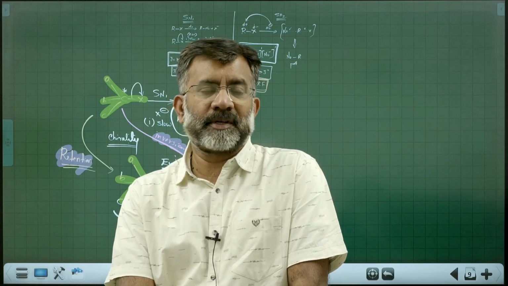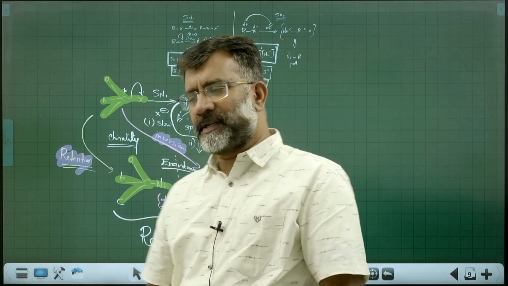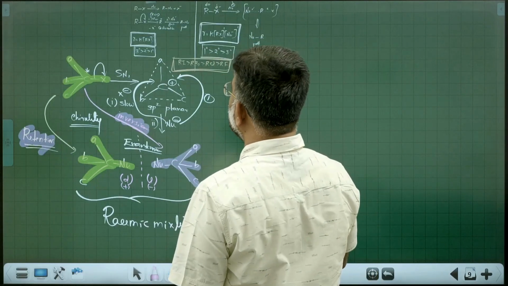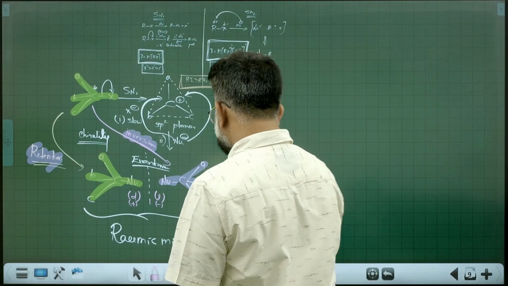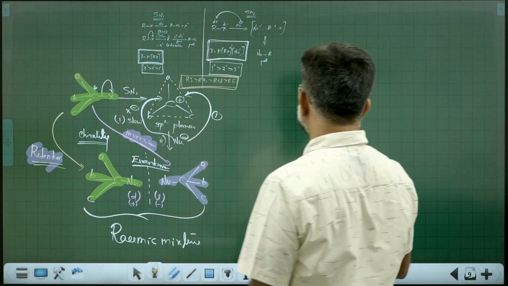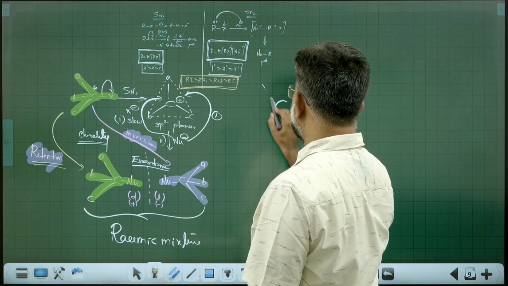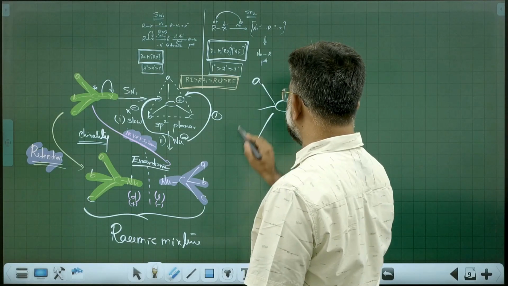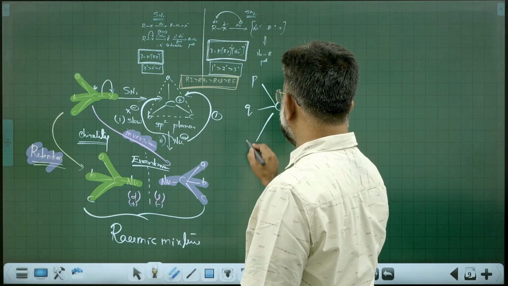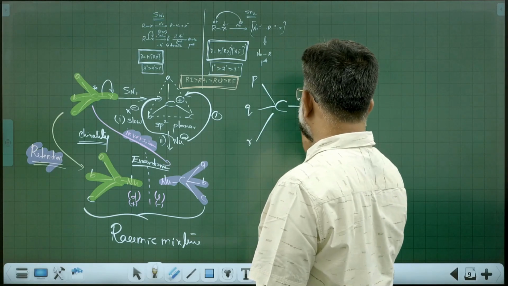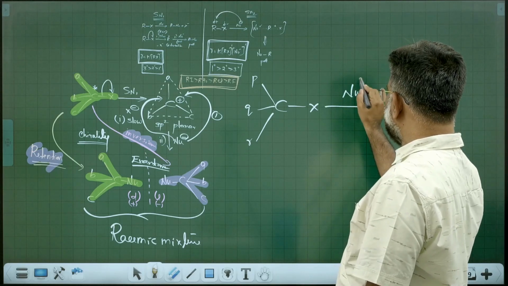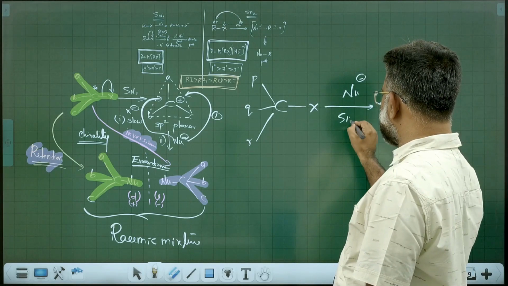Then what about SN2? Let's verify what is happening with SN2. That too is very simple to understand. In SN2 the story is different. Imagine a chiral carbon with PQRX, attacked by a nucleophile through the SN2 mechanism.